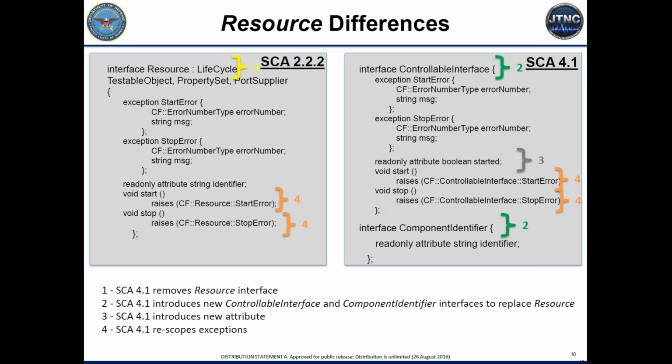So as you're making that migration from 222 to 4.1, these are areas where you would go to that 222 implementation, extract the logic associated with the start, and move it from the resource interface over to the controllable interface.